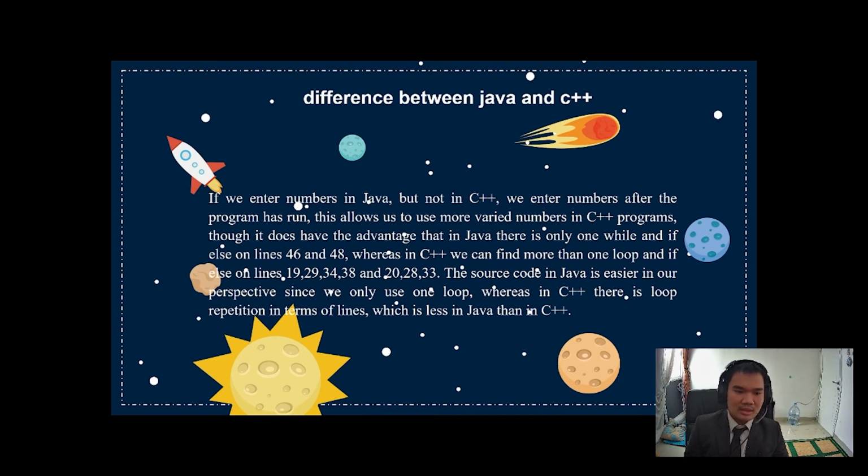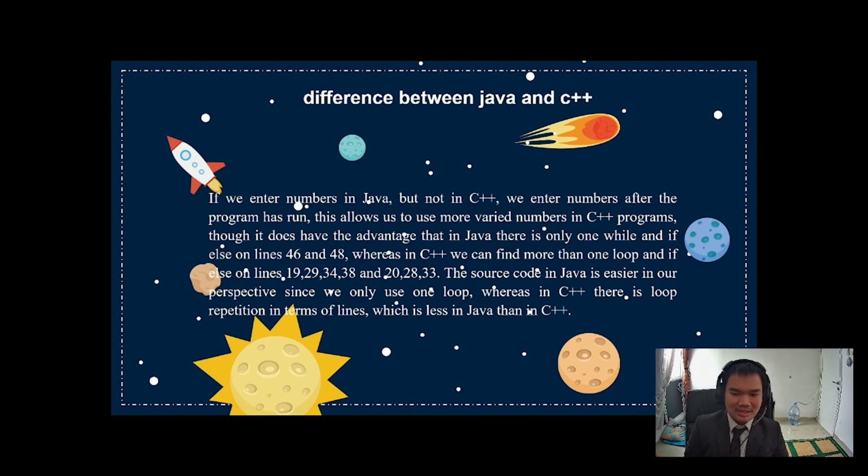Though it does have the advantage that in Java there is only one while and if-else on lines 46 and 48, whereas in C++ we can find more than one loop and if-else on lines 19, 29, 34, 38 and 20, 28, 33.